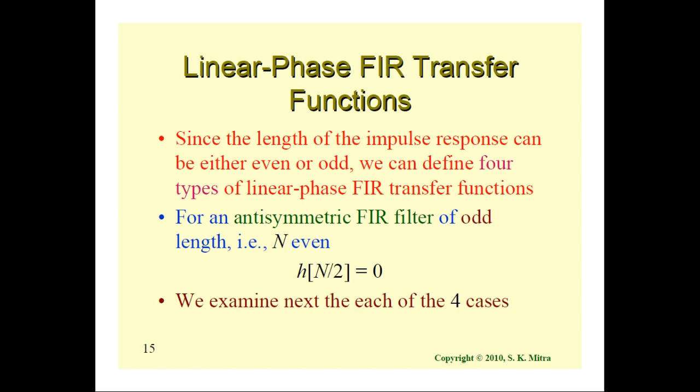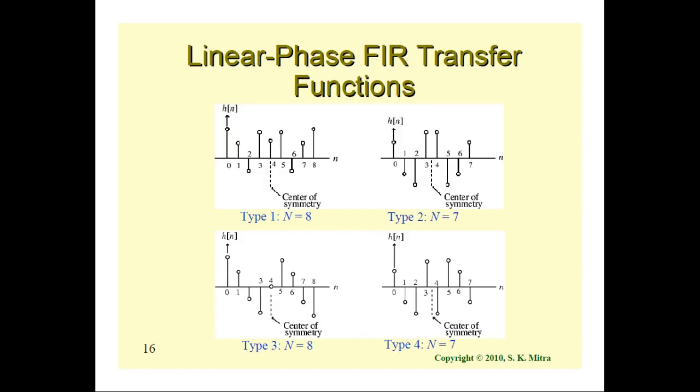Now, the linear phase FIR transfer functions can be categorized into 4 types as shown on this slide, and they are respectively known as type 1, type 2, type 3 and type 4. In the case of type 1, it always has an order which is even, as shown here for N equal to 8.